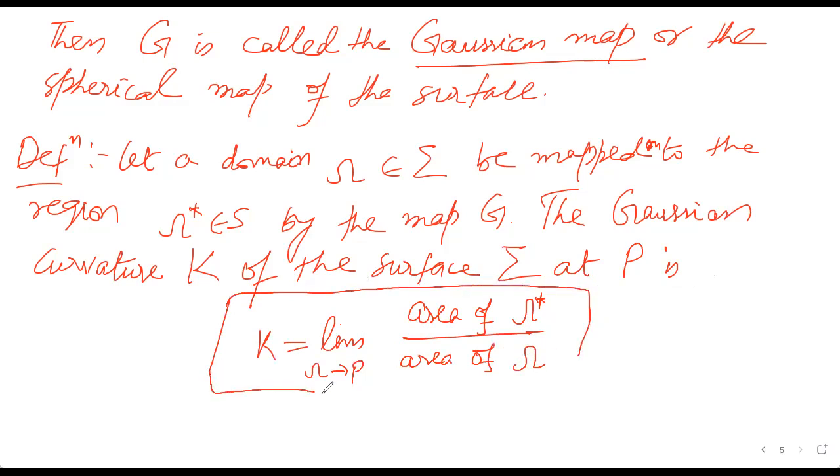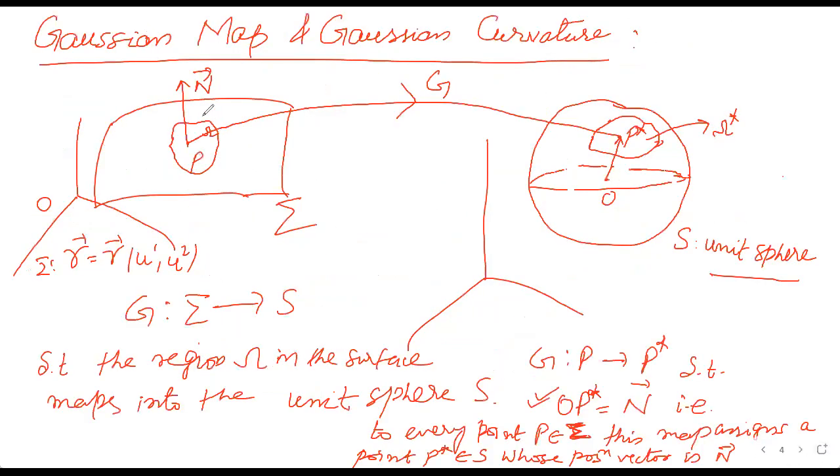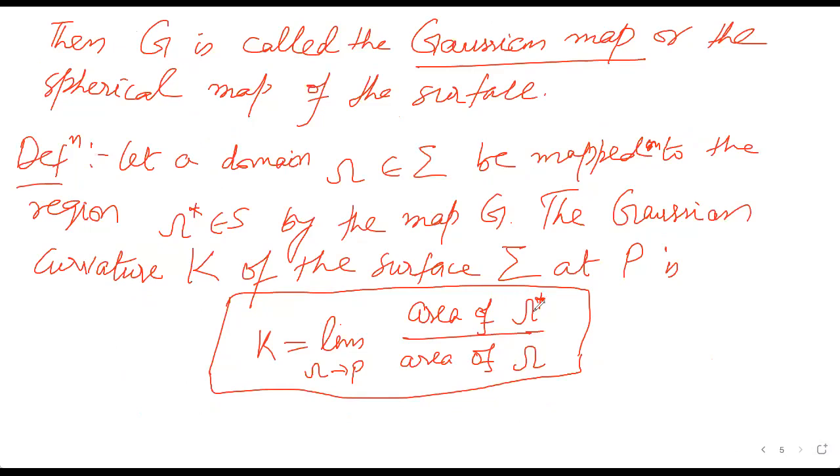So what you are saying is that when this region omega is shrinking towards the point P, इसको हम shrink करना start करें, ठीक है। जब आप इसको shrink करेंगे तो यहाँ पर भी कुछ changes आएंगे ओमेगा स्टार में। So the ratio between the area of region in sphere to the area of region in surface, है ना। What is the ratio when this omega tending to P?